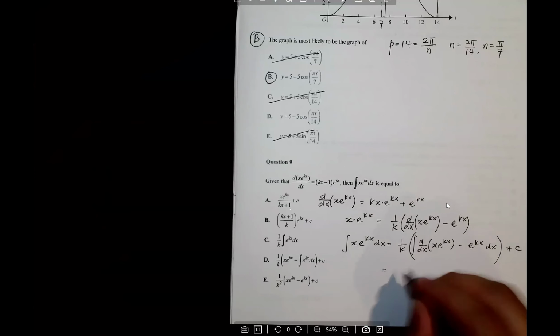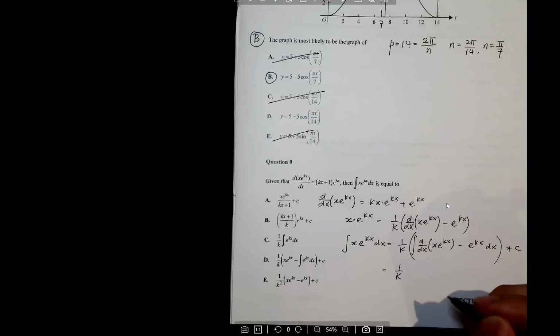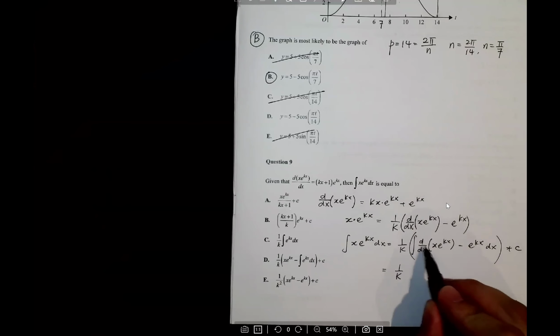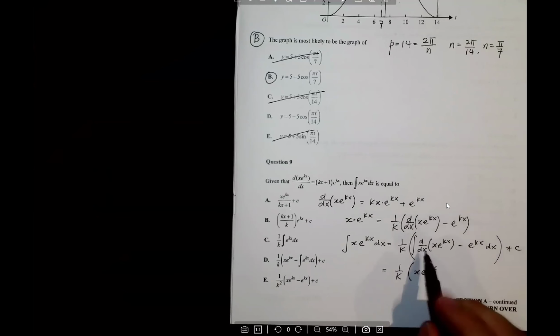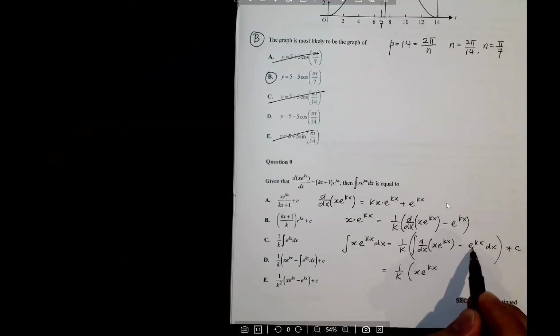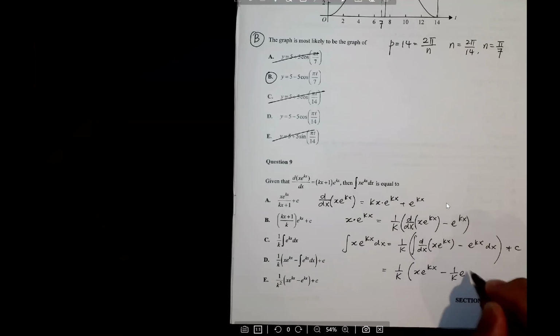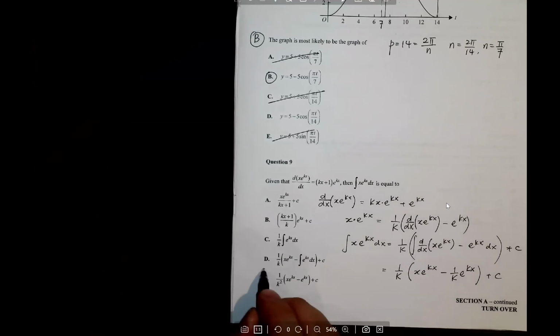If I have 1 over k as the overall coefficient, then anti-deriving d/dx gives me just x e^kx. And if I anti-derive e to the power kx, I'll get 1 over k e to the power kx plus c. So this would indicate option D.